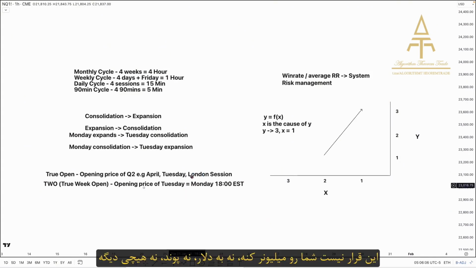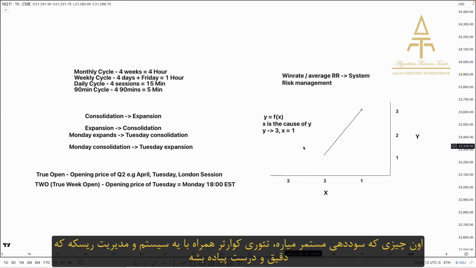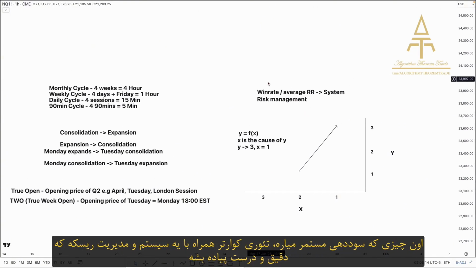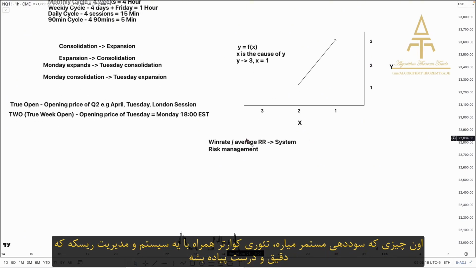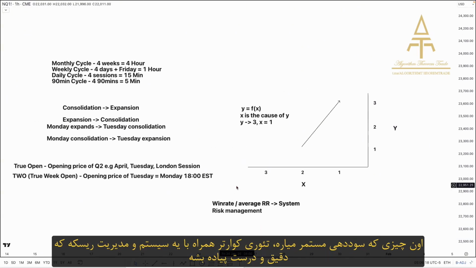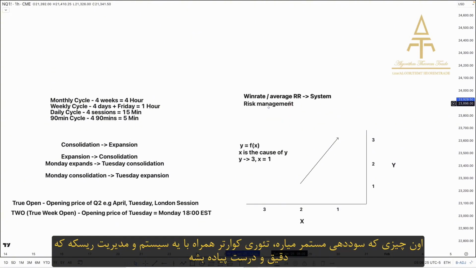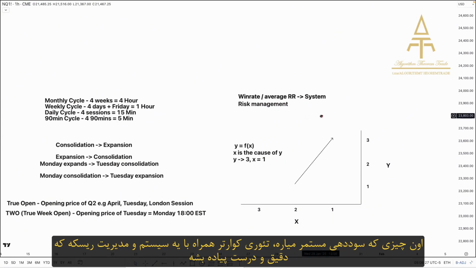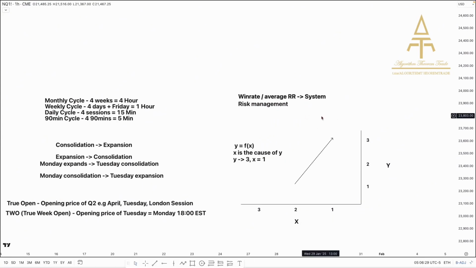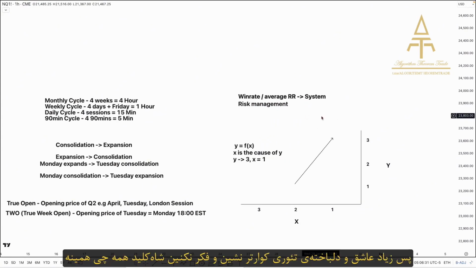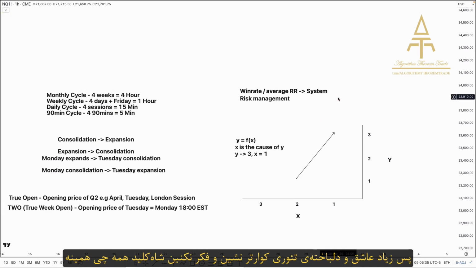This will not make you millions and millions of dollars or pounds or whatever. It's quarterly theory, or essentially your system, with risk management that will bring you consistent profitability. Do not romanticize this whole idea of quarterly theory as the holy grail.